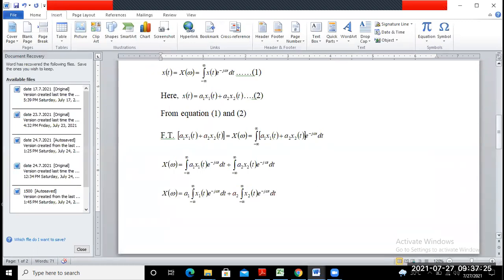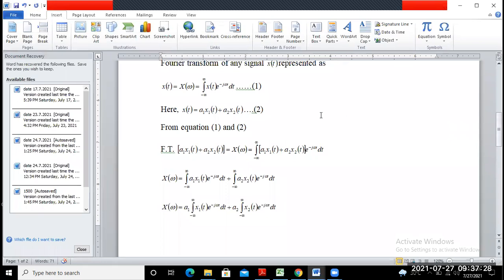So if you compare this equation, that means equation number 1, and if you mark this one as equation number 3, okay, if you compare equation number 1 and 2, you will get the value of this one equal to x1 omega. Suppose that equation number 1 and equation number 3.